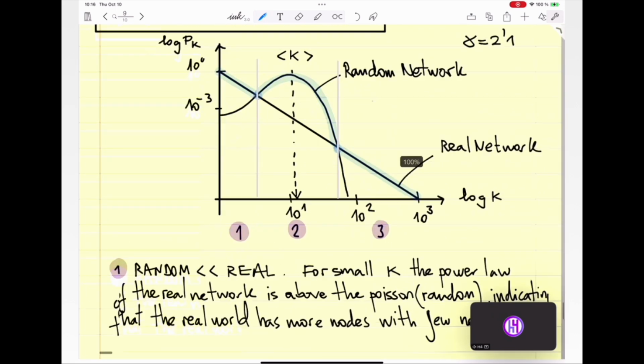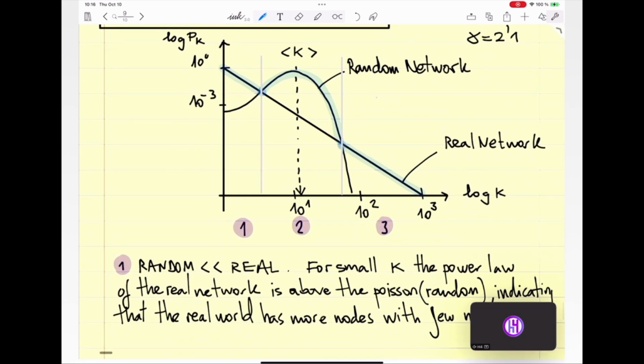So in the real world, there are more nodes with few neighbors than there are in a random process.